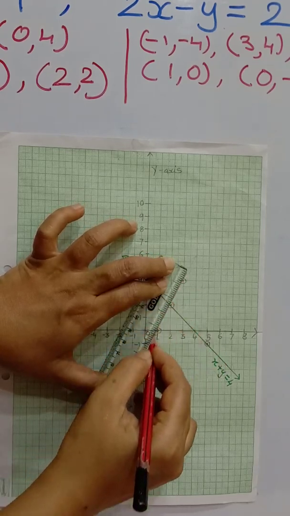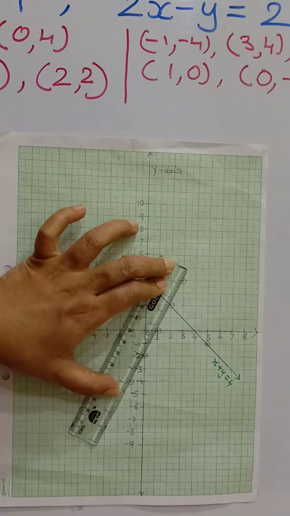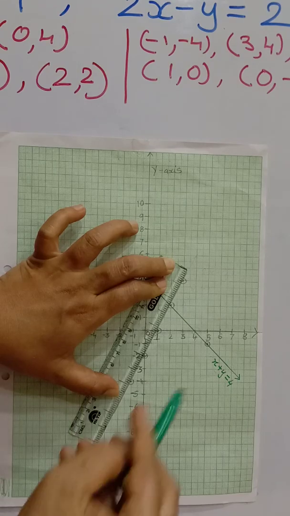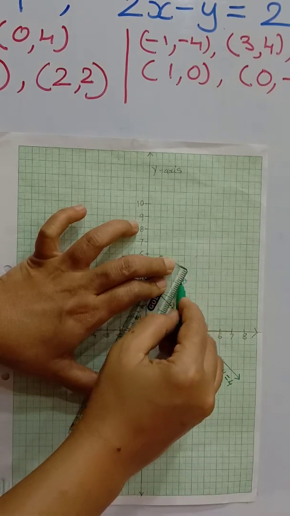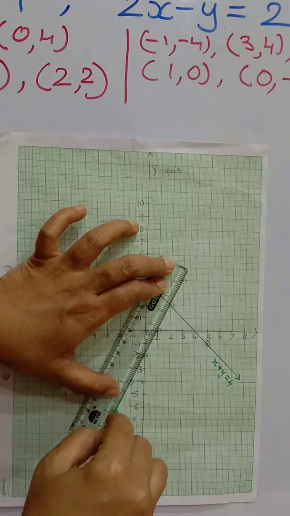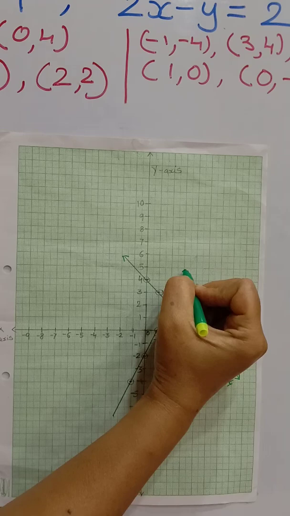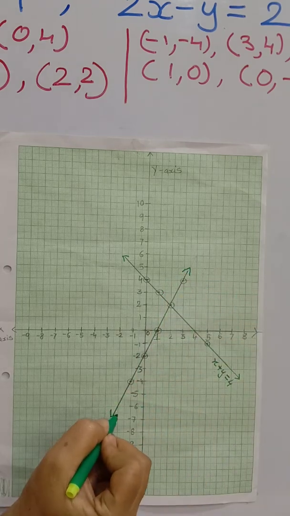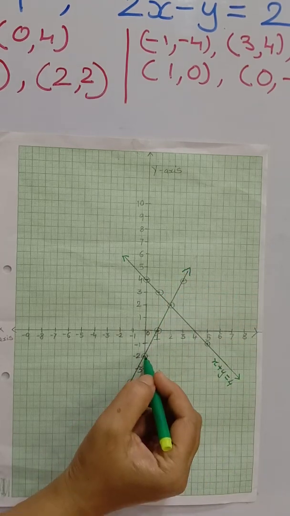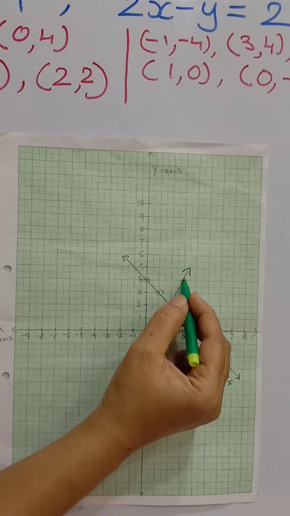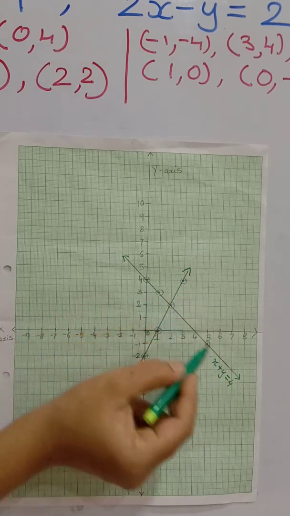So I am drawing here this line. Let me make it dark again with the help of sketch pen. Okay, I'm just moving it. So this is another line which I got. So 1, 2, 3 and 4.